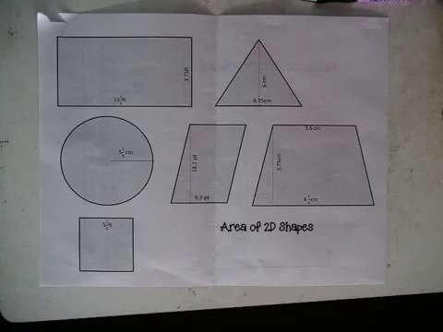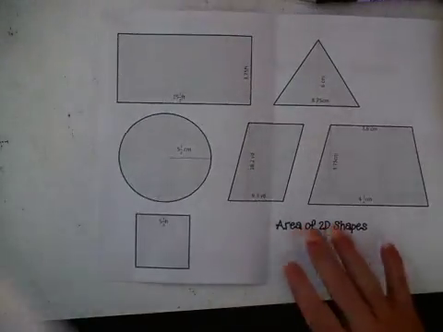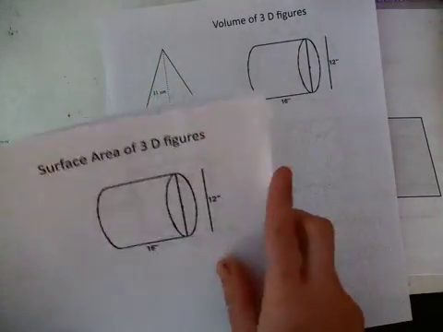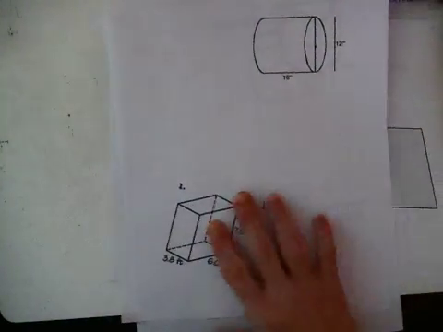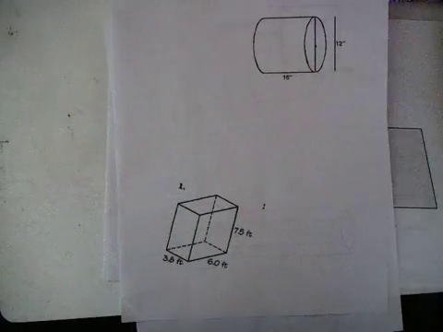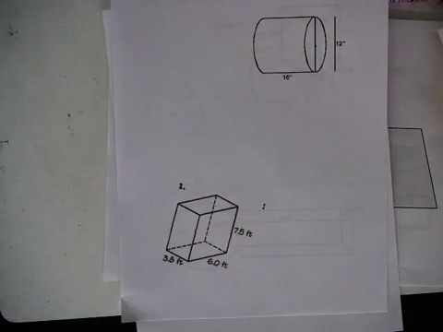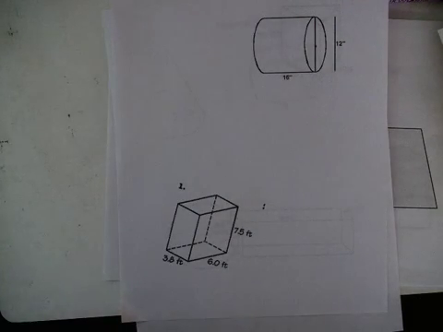So you should have this page, one that looks like this, another one that looks like this, and then a supplemental aid page that looks like this.